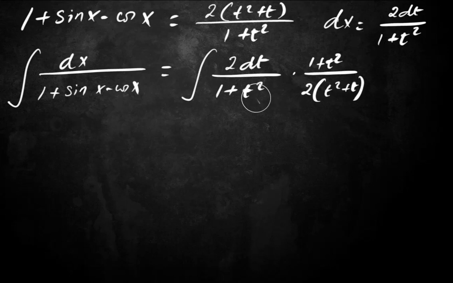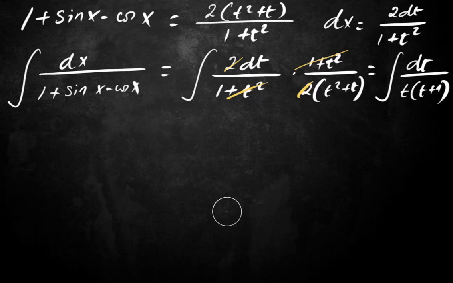We do some simplifications again. 1 plus t squared is gone and 2 is gone, and we are left with integral of dt over t squared plus t, or t times t plus 1.